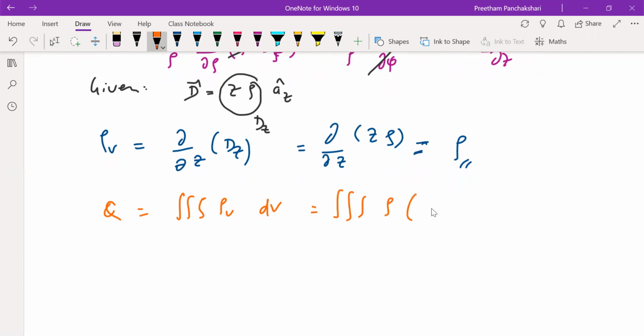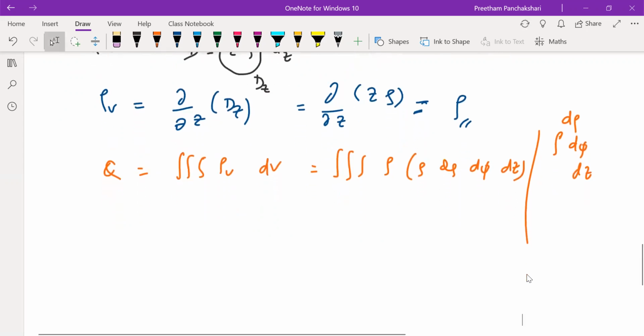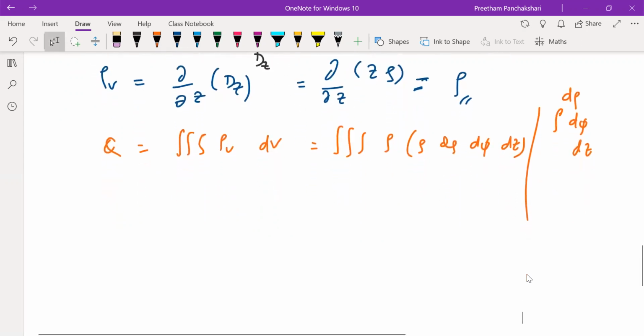So the differential volume element is the multiplication of all the three differential lengths. The three differential lengths are d rho, rho into d phi, into dz. So if you multiply all the three, you will get rho d rho d phi dz. That's the differential volume element for cylindrical coordinate system.